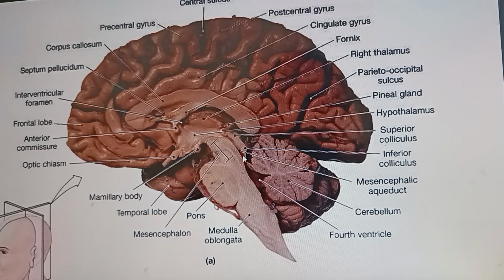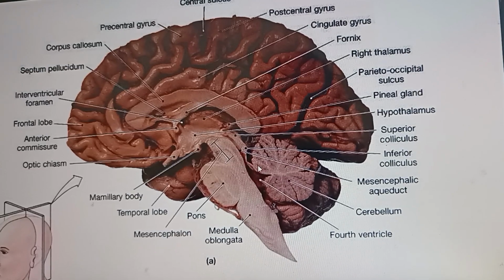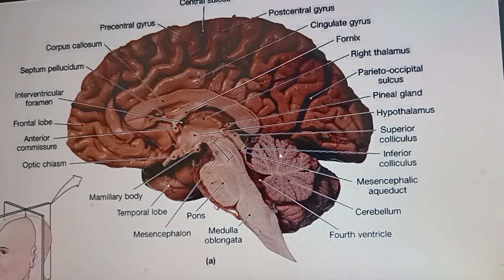That is the location of the fourth ventricle, and behind it you can see the cut surface of the right cerebellum seen from medially. So that's all about the brainstem, the ventricles, and the cerebellum.